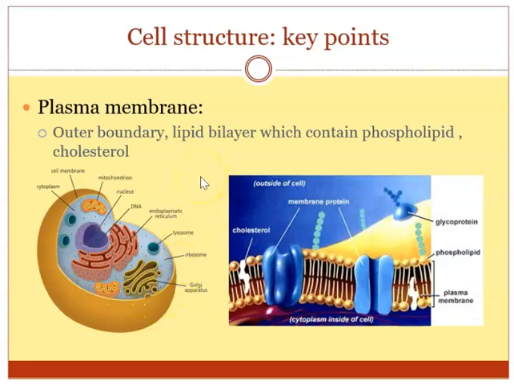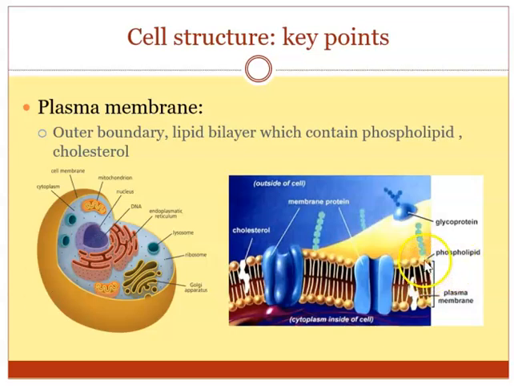And it's made up of a lipid bilayer which contains phospholipids and cholesterol. If you look here on the right hand side, you can see a zoomed in or magnified image of a plasma membrane. So this is your plasma membrane, this whole structure here, and you can see the lipid bilayer.